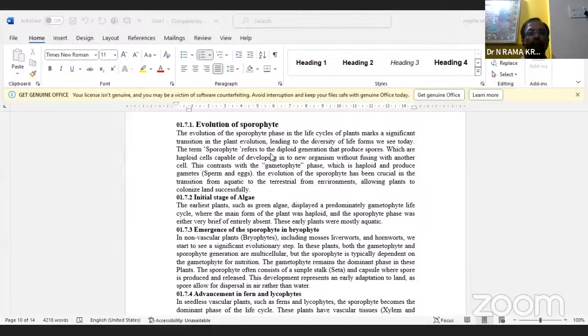The term sporophyte refers to the diploid generation that produces spores, which are haploid cells capable of developing into new organisms without fusing with other cells. This contrasts with the gametophyte phase, which is haploid and produces gametes, the sperms and eggs. The evolution of the sporophyte has been crucial in the transition from aquatic to terrestrial environments, allowing plants to colonize successfully.